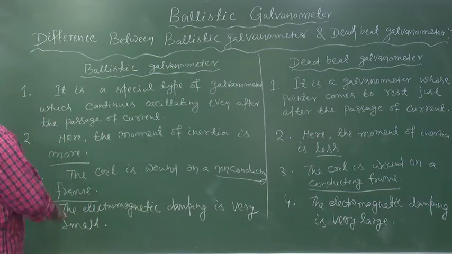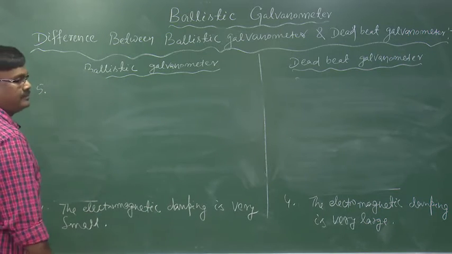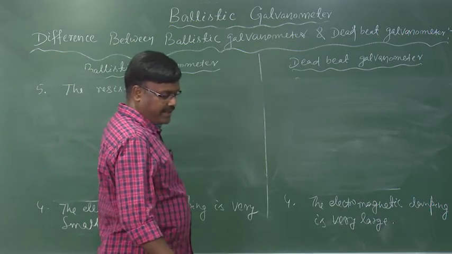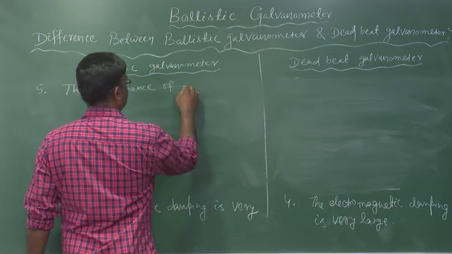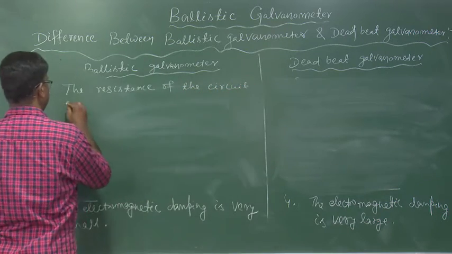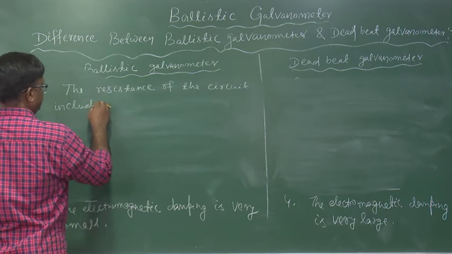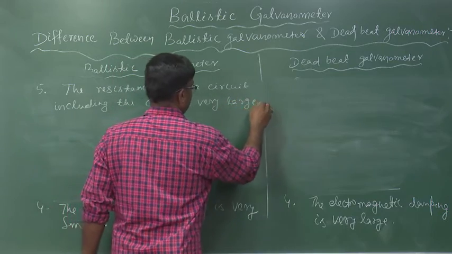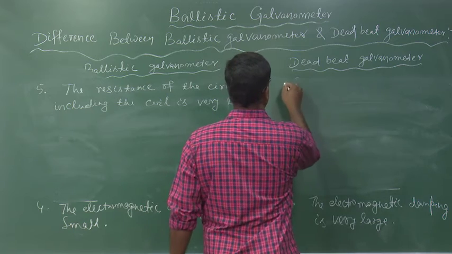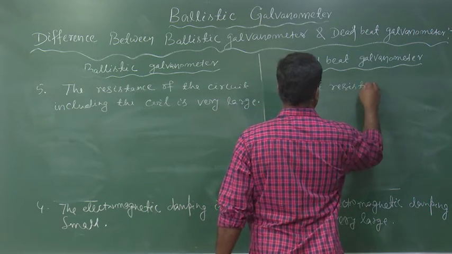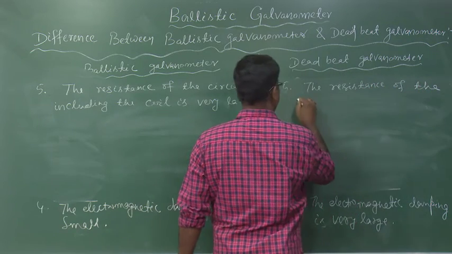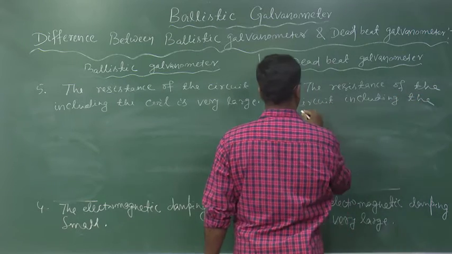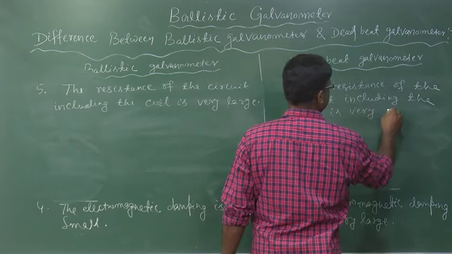So, number 5th point here, the resistance of the circuit including the coil is very large, but here the resistance of the circuit including the coil is very less.